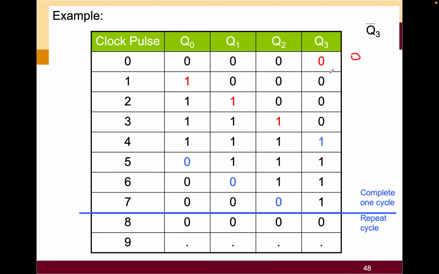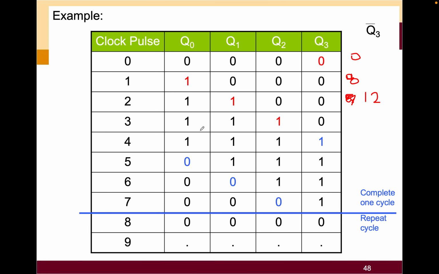Zero, 4, 5. This is 5. This is 4. 1, 2, 4, 8. Okay. This will be 9. Wait. 8, 12. 0, 1, 2.